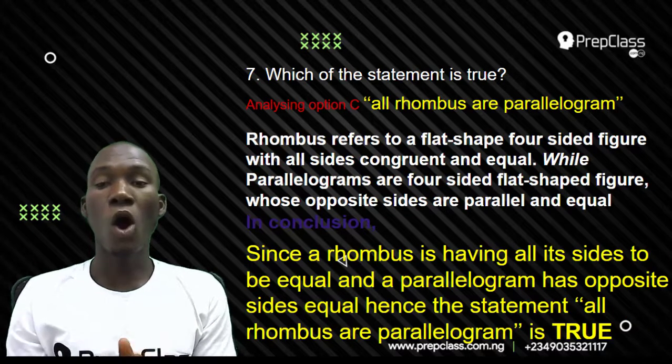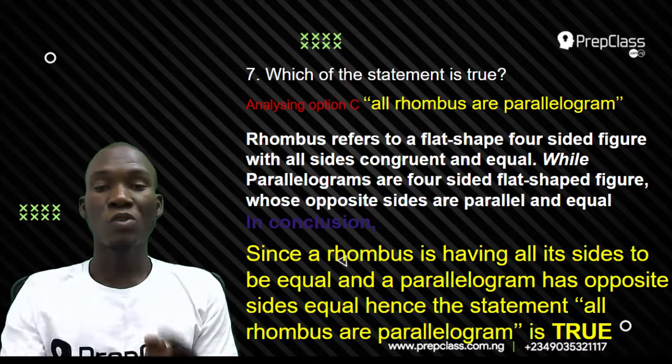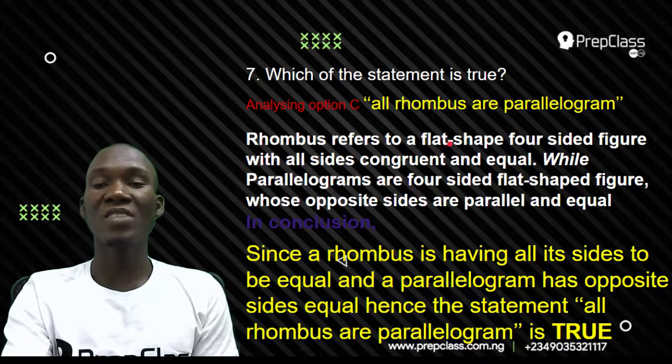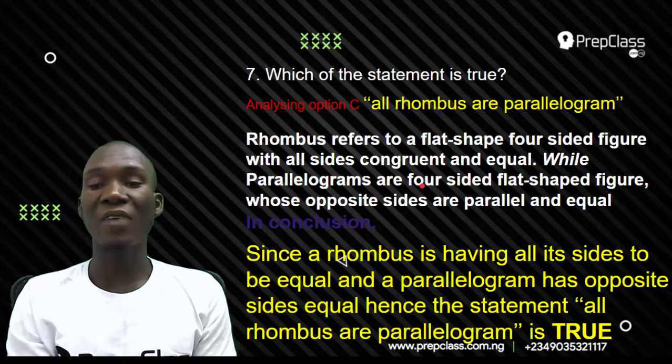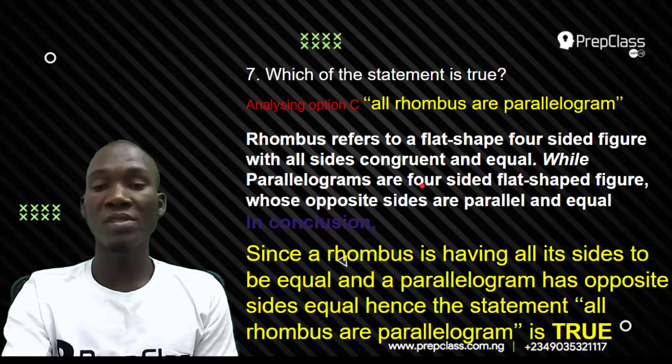Option C. All rhombuses are parallelograms. A rhombus is a flat-shaped four-sided figure with all sides congruent and equal, while parallelograms are four-sided flat-shaped figures whose opposite sides are parallel and equal.